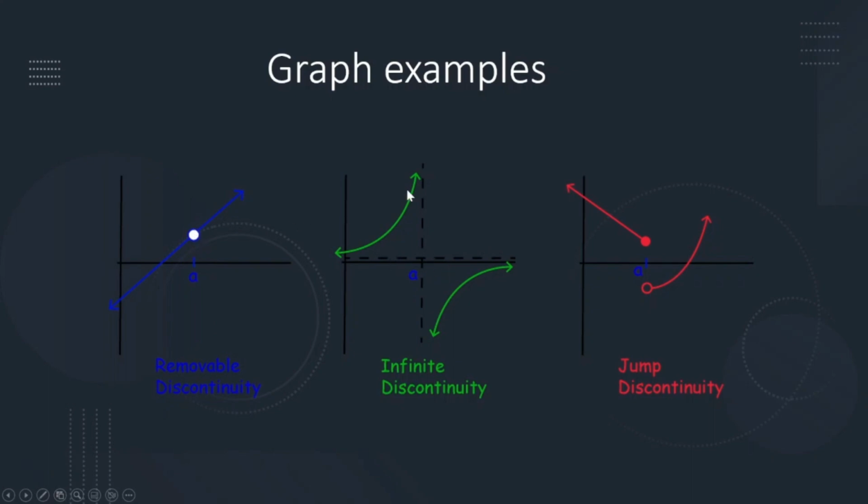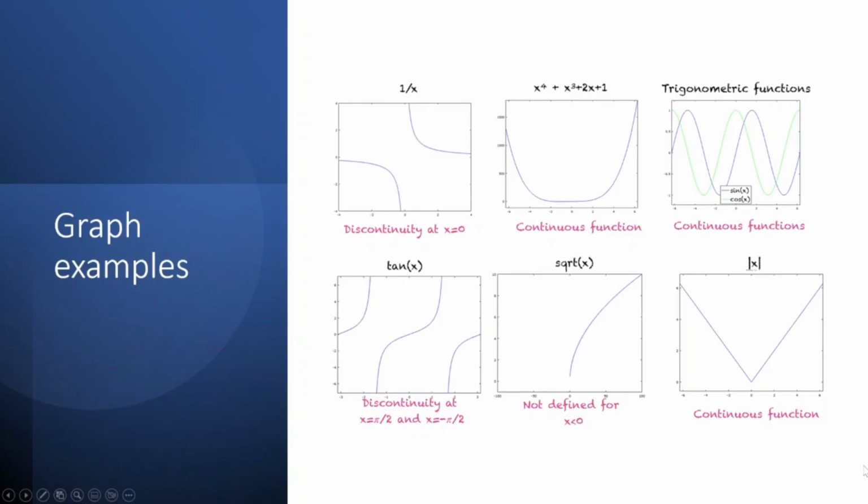For example, here it doesn't exist in both situations, where this line is here, the limits don't exist. And jump, that means that, for example, here the limit exists from the left hand, but from the right hand it doesn't exist, and it is a discontinuity.